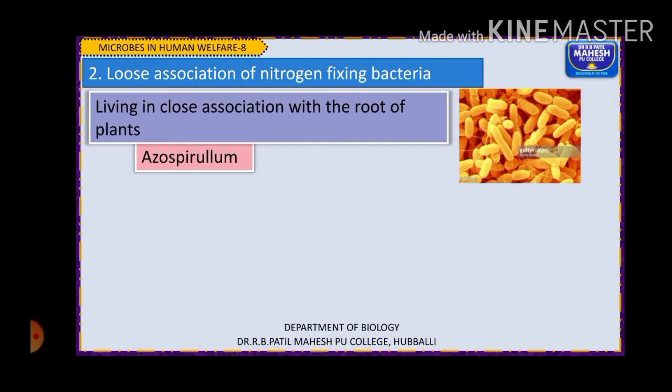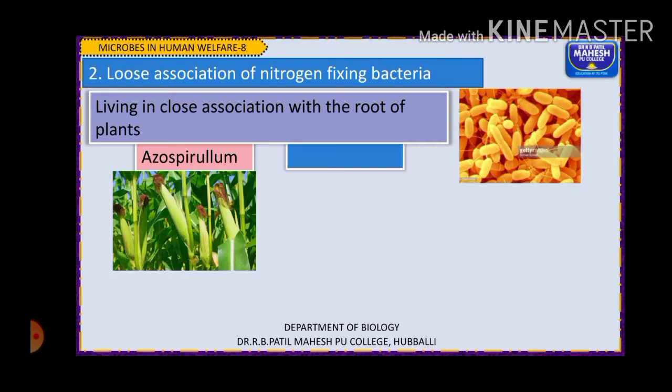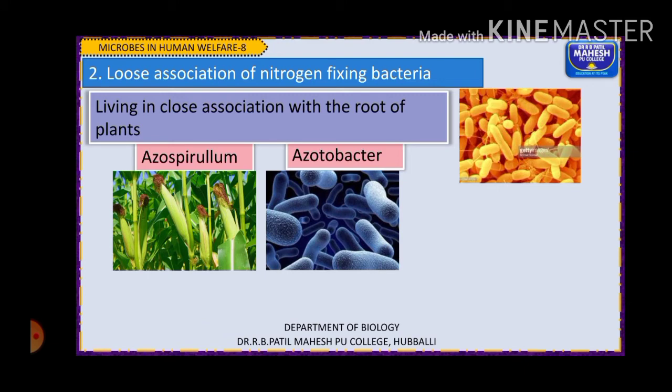So the bacteria provide nitrogen and absorb carbohydrate from the plants. This is how both are benefited. Azospirillum is an example of closely associated nitrogen fixing bacteria, present in association with the roots of certain grasses and maize.